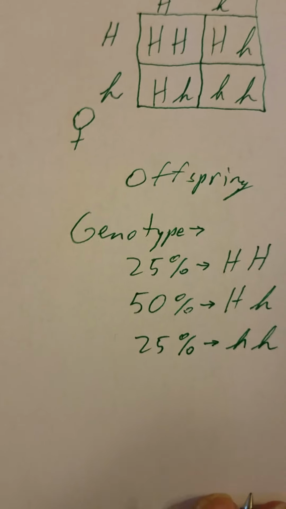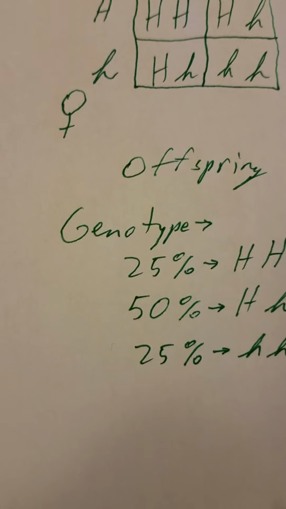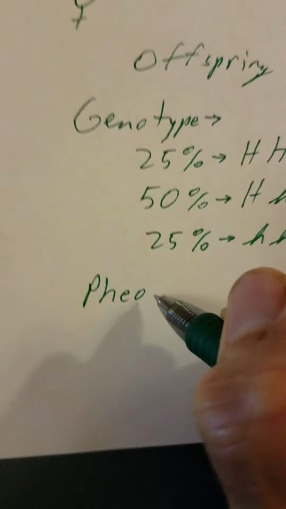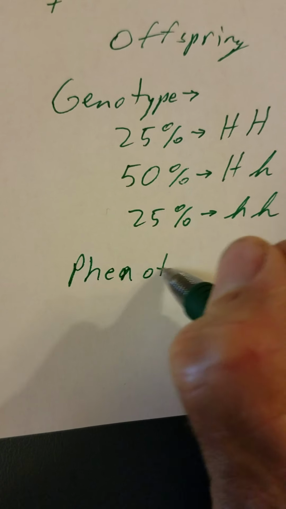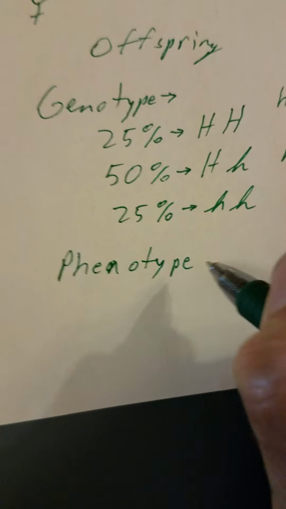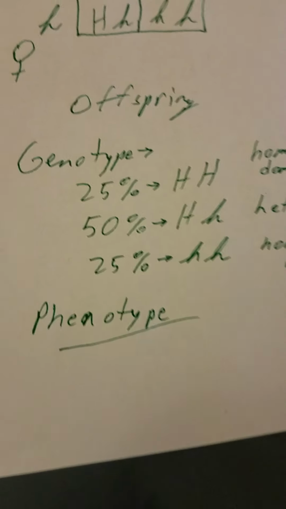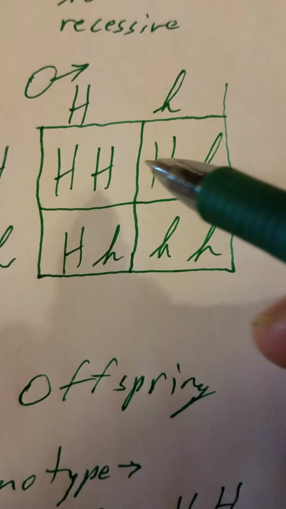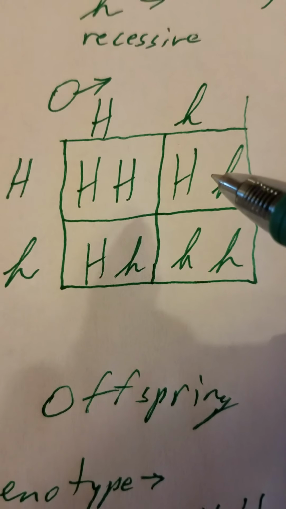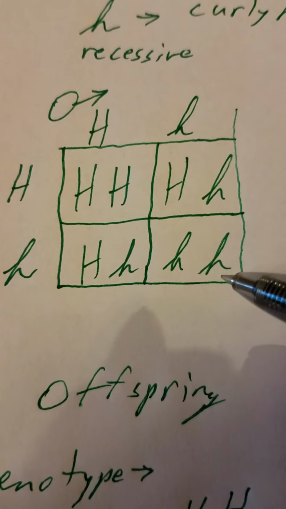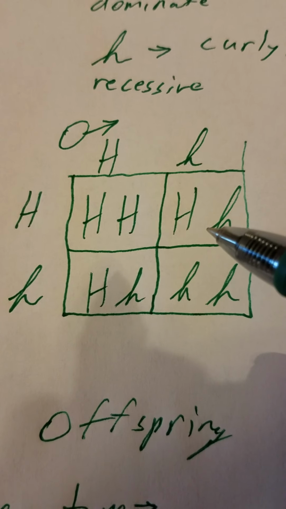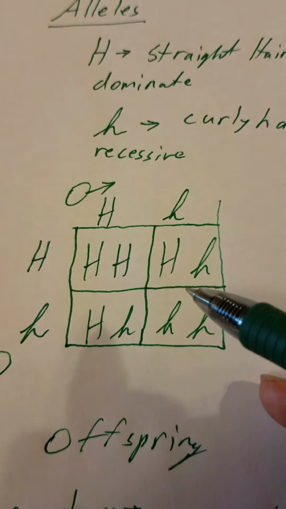So now we want to know about the phenotype of their children. And the phenotype is just the physical expression of those genes, what they're going to look like. So the phenotype of what we get out of this box is every time there's a big H, it would be expressed. So 3 out of the 4 boxes that we did in our Punnett square have a big H. So that means they would have what's dominant?